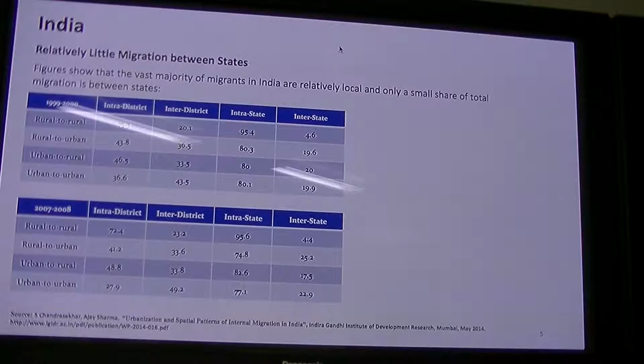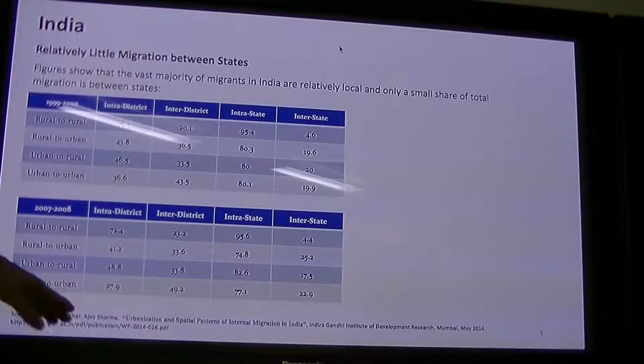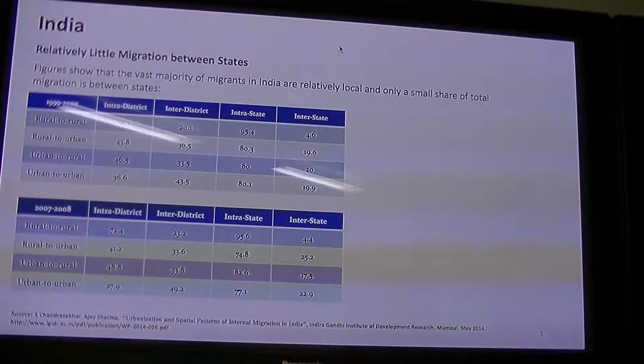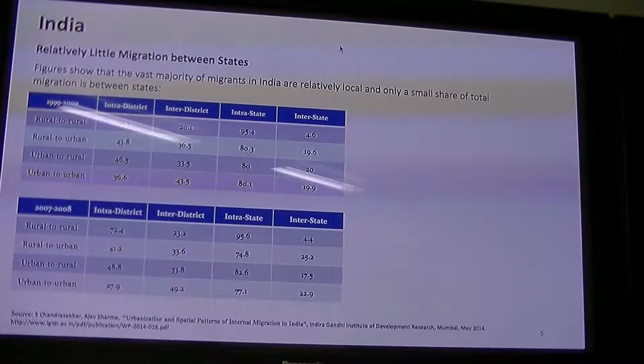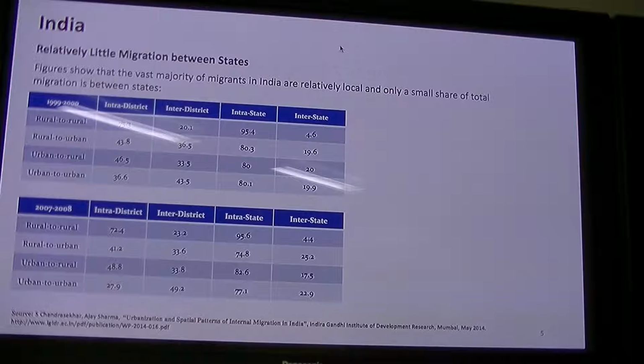One of the interesting things I thought about with this paper, I was looking at the migration. As I said earlier, the caste system makes it difficult for people to change their situation. If you're in a lower caste, it's hard to get a job. If you're in a really low caste, nobody will hire you.